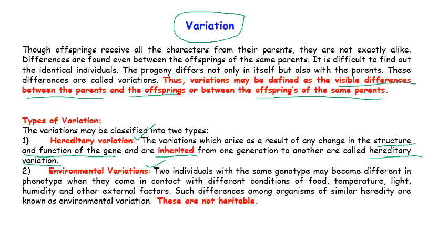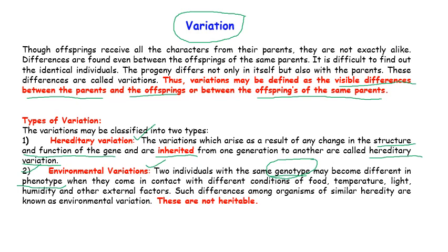Now, the second type of variations includes the environmental variations. Environment has an important role in shaping the phenotype of an organism. Two individuals with the same genotype may have different phenotypes. What is genotype?